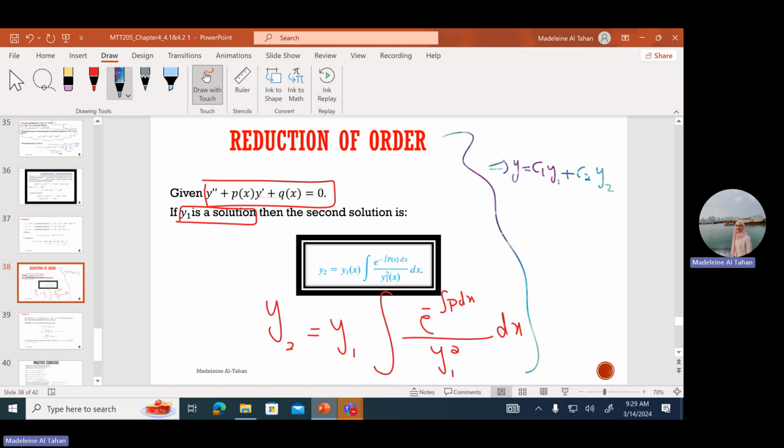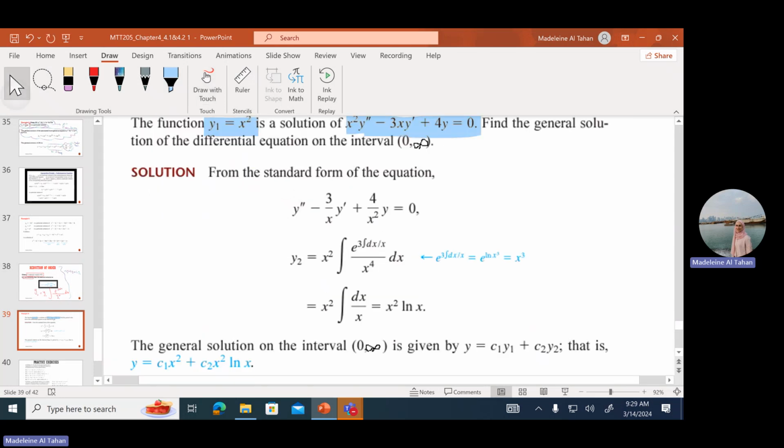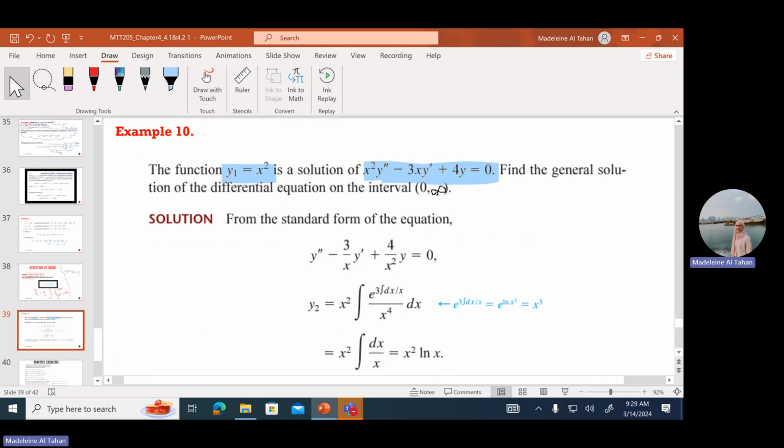You will do it in pairs while I'm taking it. Any questions? What I need from you is just to write that this is a solution of this one, and we need to find the second solution. I will zoom in. Just write the question at this moment, and we will solve it in BB.